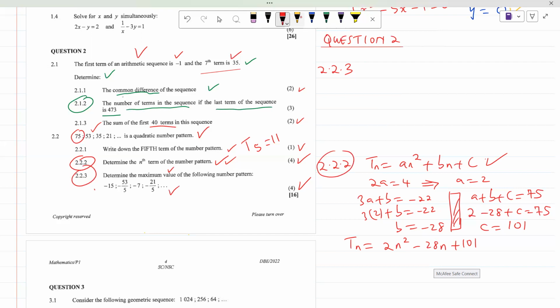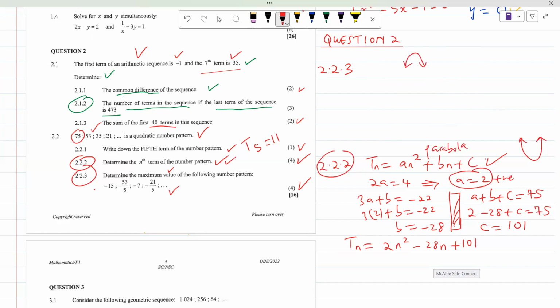Because A was positive, what is the shape of the parabola graph? Because this is like a parabola, with a quadratic formula. So the shape of the graph is going to have a minimum vertex. If you divide by negative, then it's going to actually have a maximum vertex.